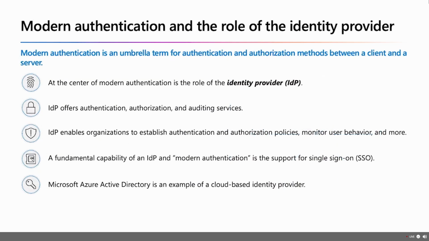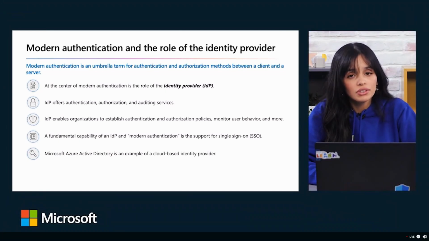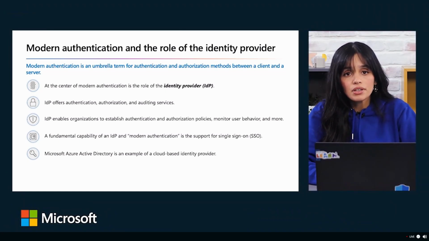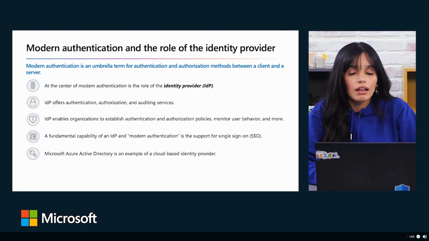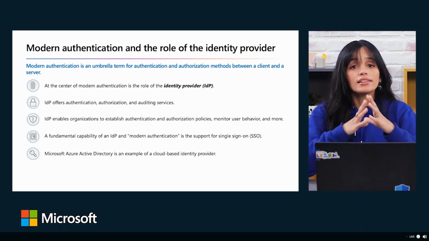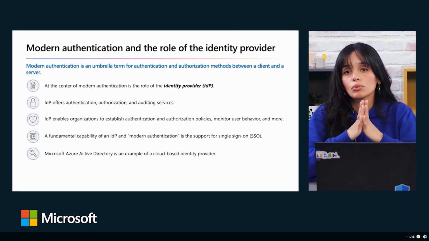Now let's have a look at modern authentication. Modern authentication is an umbrella term of authentication and authorization methods. These methods are between the client, for example, a laptop or phone, and the server, like a website or an application. At the center of modern authentication is the role of the identity provider.